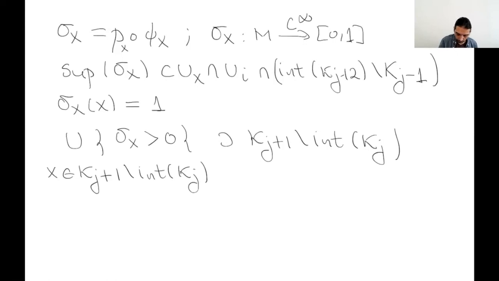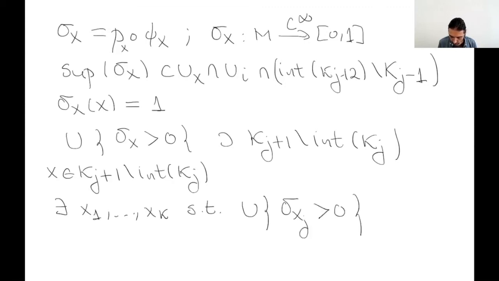So there exist points x1, x2, ..., xk such that the union of the sigma sub x sub l greater than 0 contains K_{j+1}.